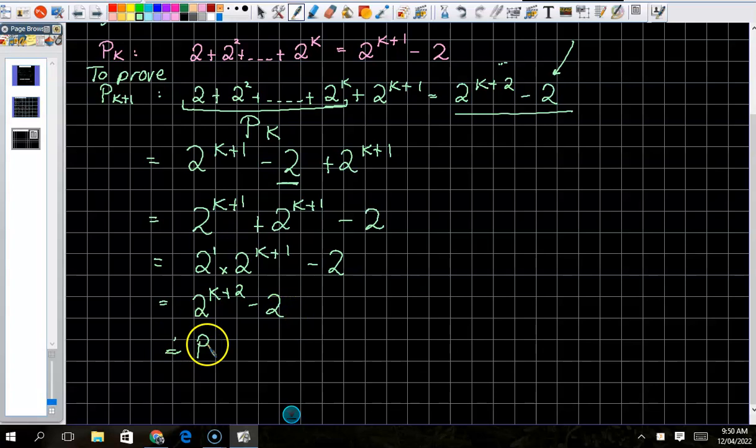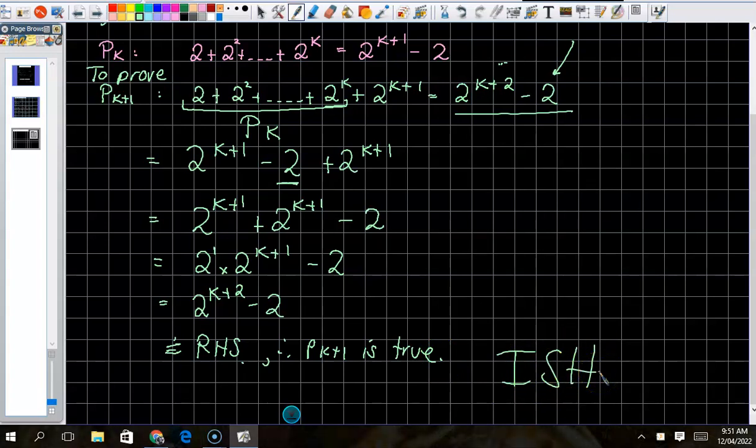Therefore it equals the right hand side, therefore PK plus 1 is true. Statement. Insert statement here. Do you remember this?